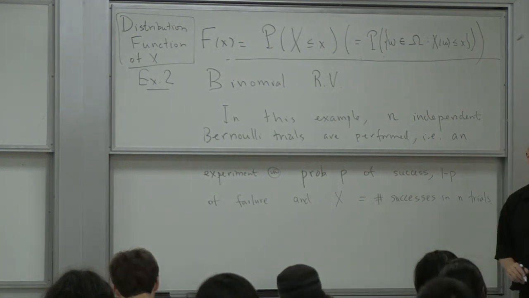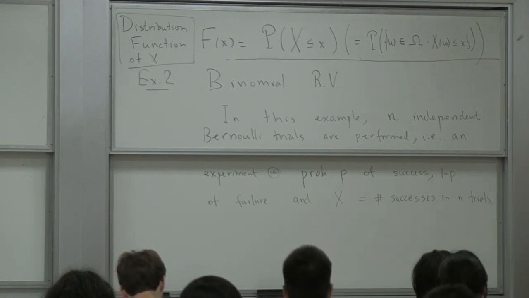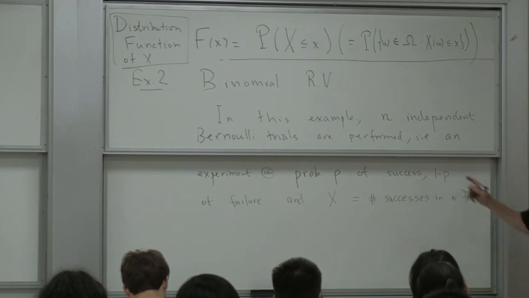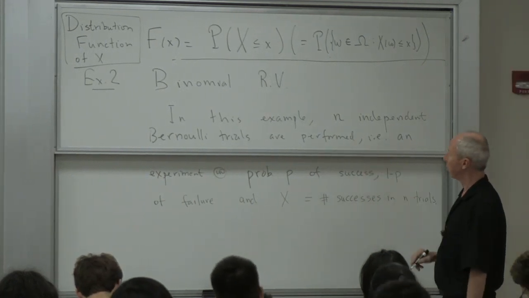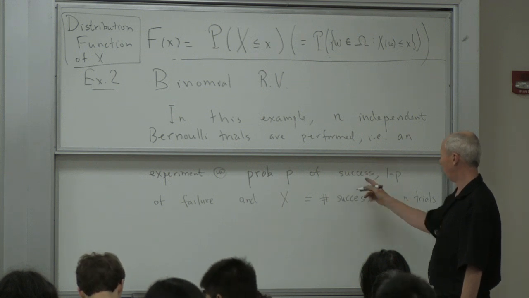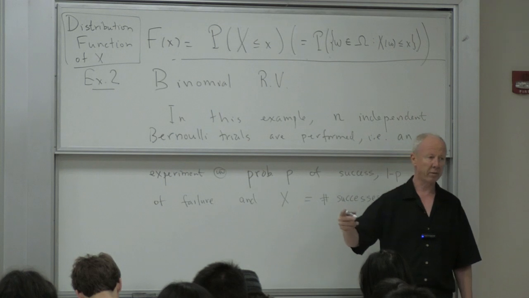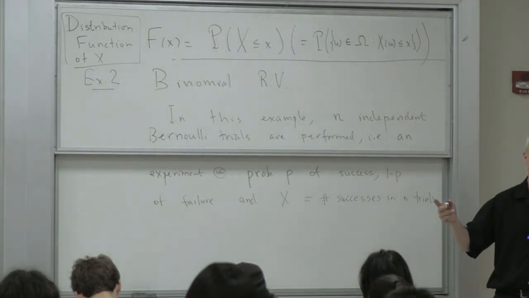That's the number we assign to sequences of S's and F's, sequences of length n. So what would the outcome be of n Bernoulli trials, where you could have either a success or a failure? How would you record that? You'd record an S every time you had a success and F every time you had a failure.